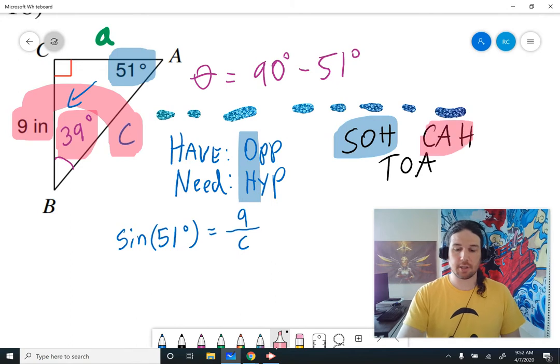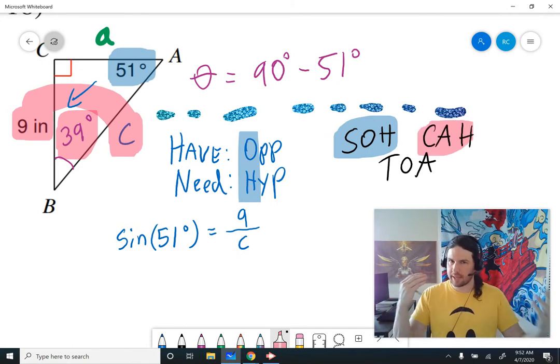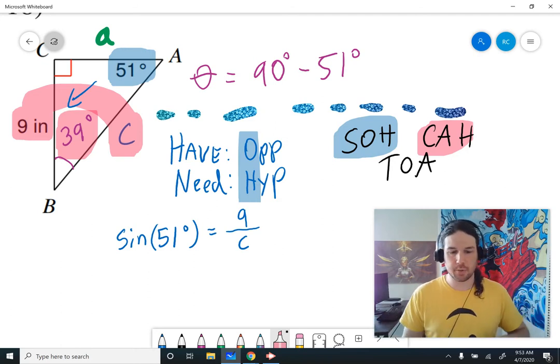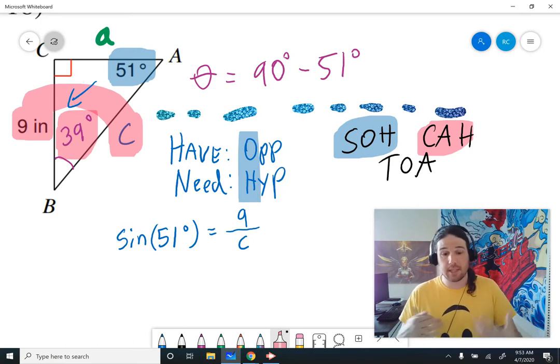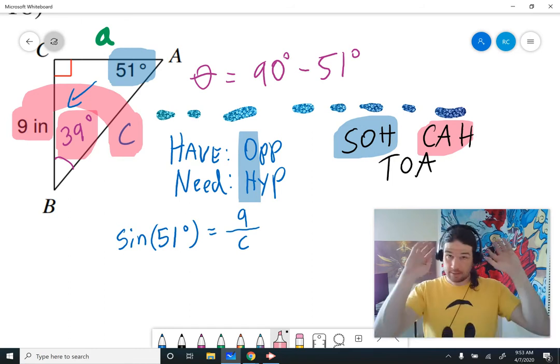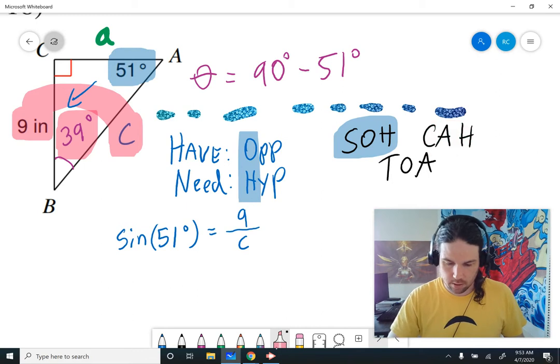CAH, is adjacent over hypotenuse. And maybe that should start getting you thinking about how these ratios and these angles relate to each other, because cosine of 39 degrees is always going to be equal to sine of 51 degrees because they're the same ratio on the same triangle. So try to wrap your head around that one.